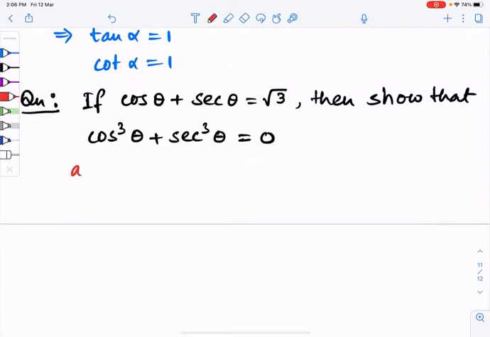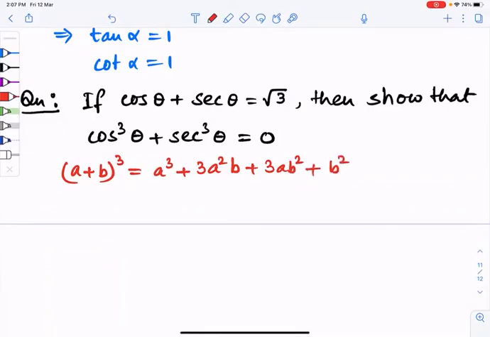We have a formula of a plus b whole cube. We know that is a cube plus b cube plus, or we can write a cube plus 3a square b plus 3ab square plus b cube. This is known to everyone.